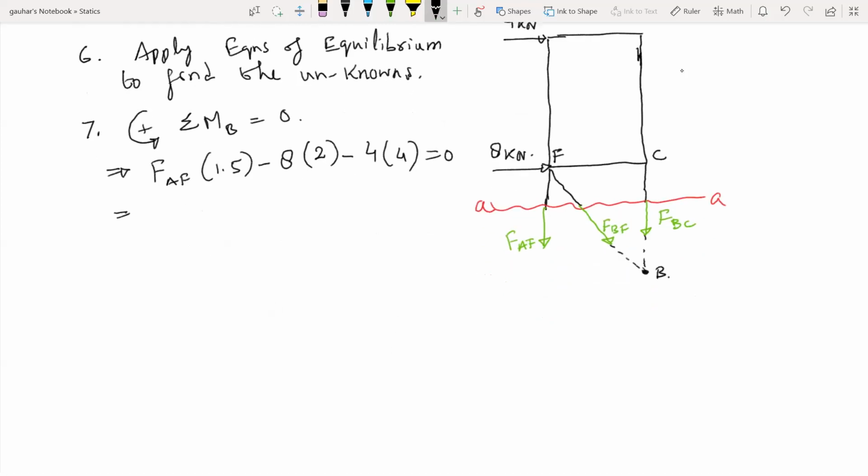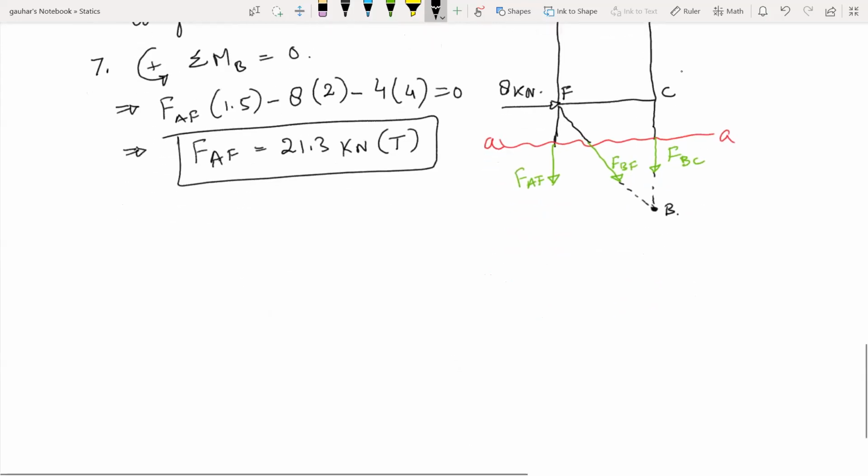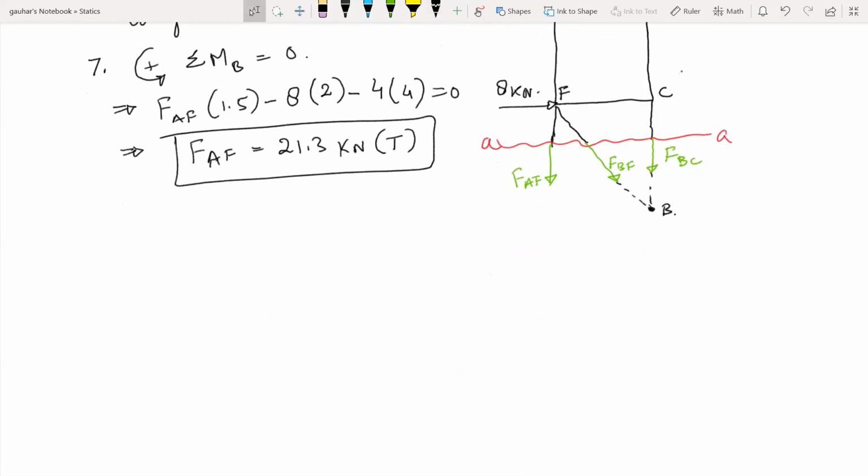So from this equation, you just get the value of FAF, which is 21.3 kilonewtons, and we assume tension, so it came out a positive number, so it is a tension force. Okay, so we are done with one unknown. Now we are left with 2 unknowns.